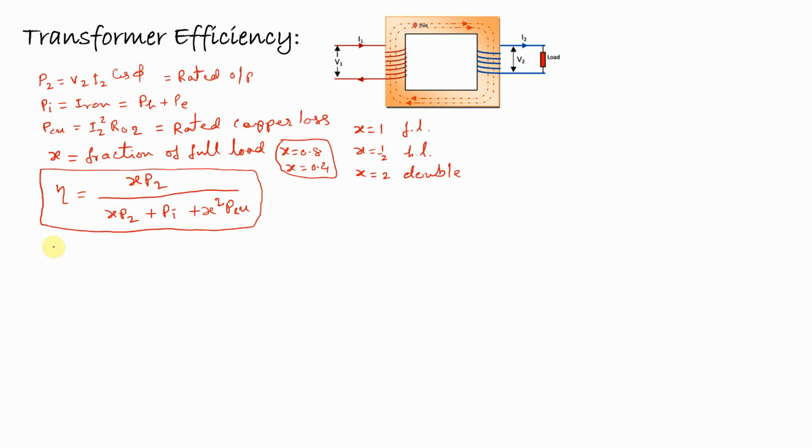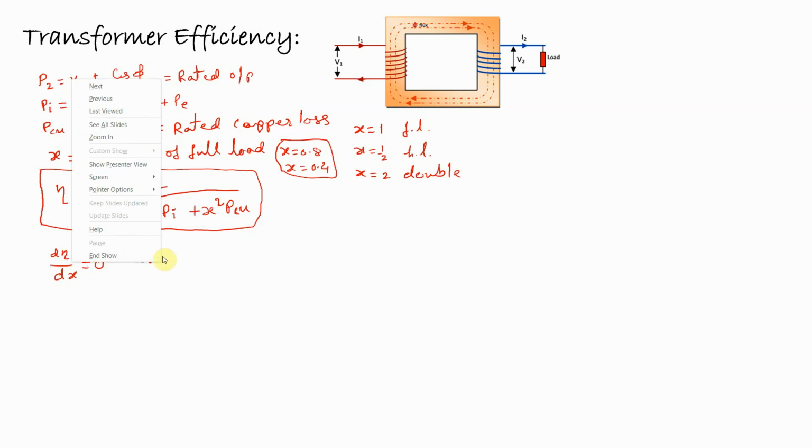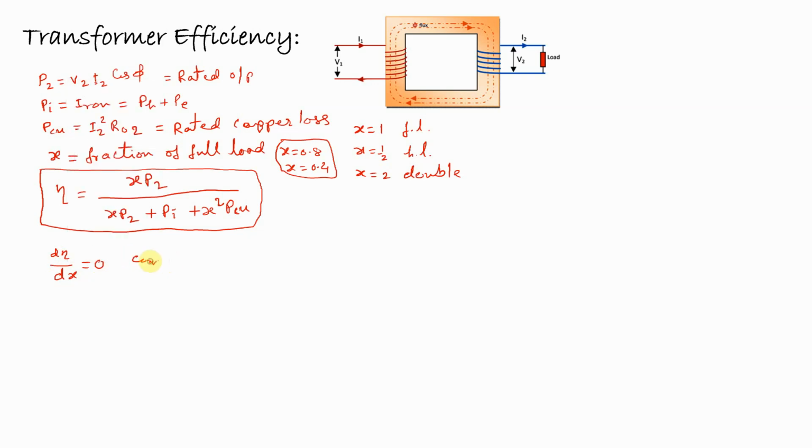Now if we want to find the maximum efficiency of the transformer, we can write d eta upon dx should be equal to 0. This is basically the condition for maximum efficiency.